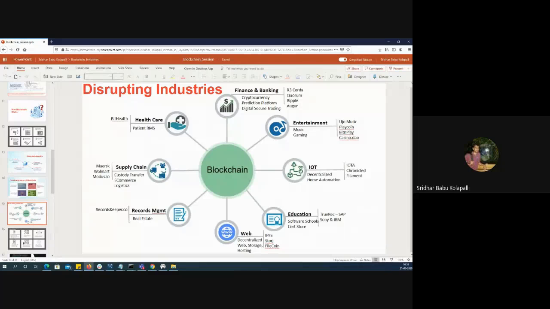But here, one property itself is divided into small pieces, and everyone can be the owner of a piece and get the monthly rent. There are platforms coming up to enable these business models, so that people can be the owner of a particular mall, get monthly incentives as an owner, or even sell that share to another person inside the network. That's another evolution happening on the real estate side.